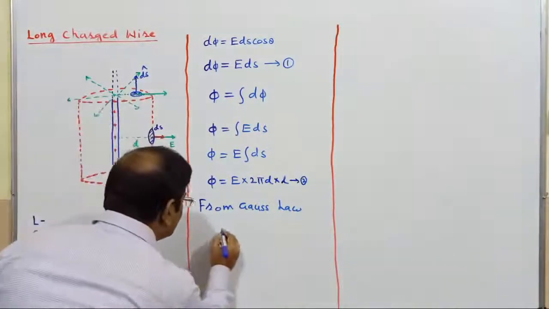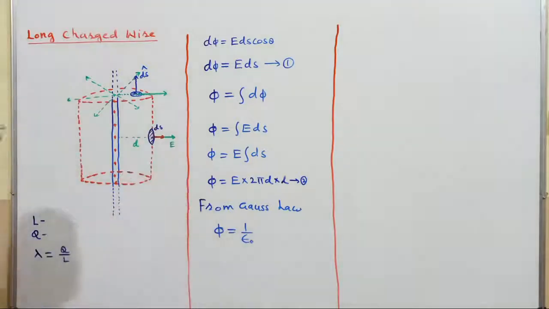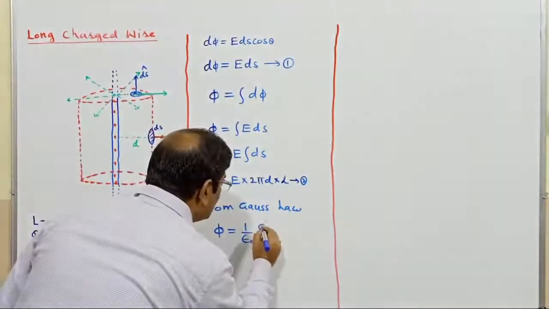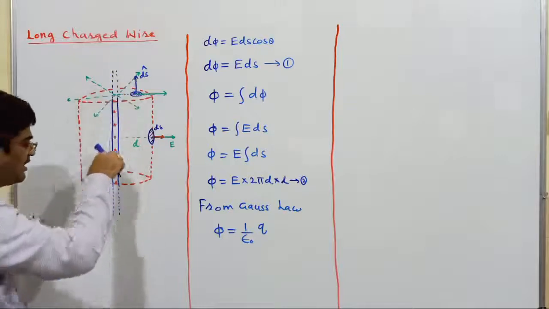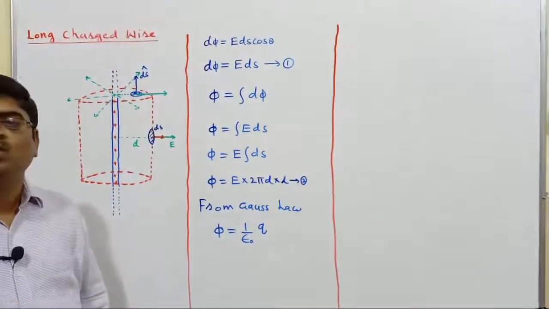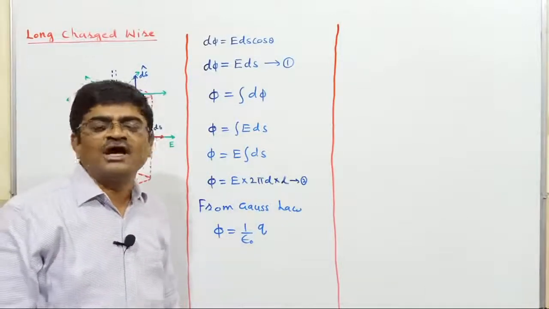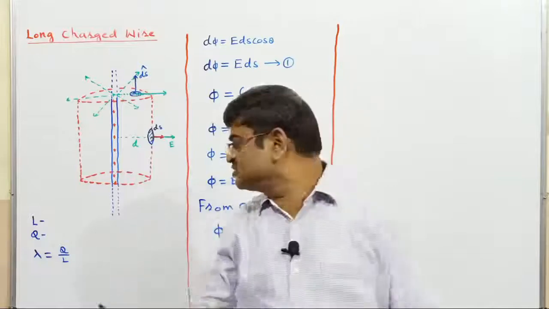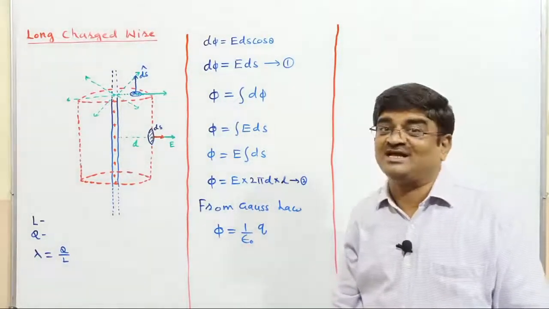Flux associated with the closed surface is 1 upon epsilon 0 times the charge enclosed. Look here, children. Actual charge on the wire is capital Q. But for charge enclosed, I did not write capital Q. I wrote it as a small q. What does it mean? Whole charge is not enclosed. How much is enclosed then? I will have to calculate.